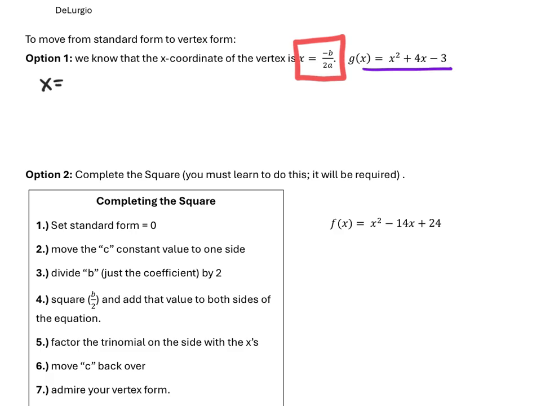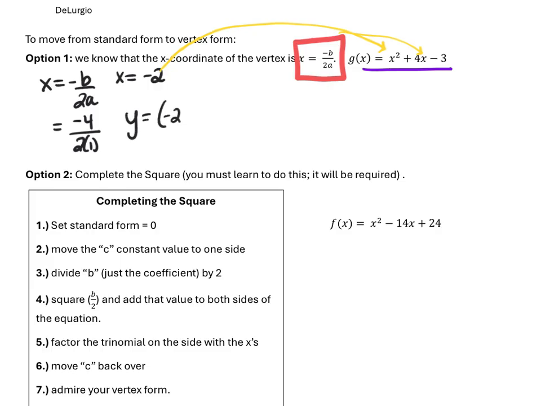So x equals -b over 2a. So -4 over 2 times 1. So x equals -2. That is the x-coordinate of our vertex. To find the y-coordinate of our vertex, what do we do? We plug this in to our original to find the y.